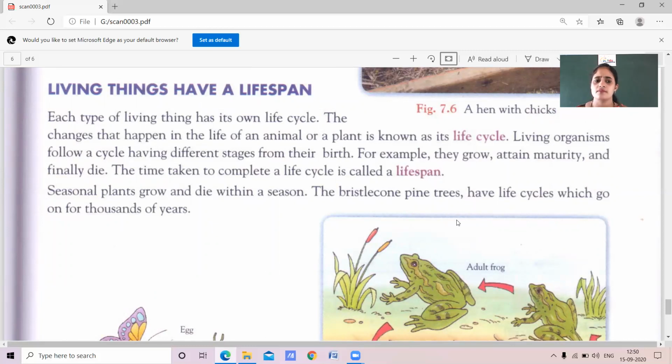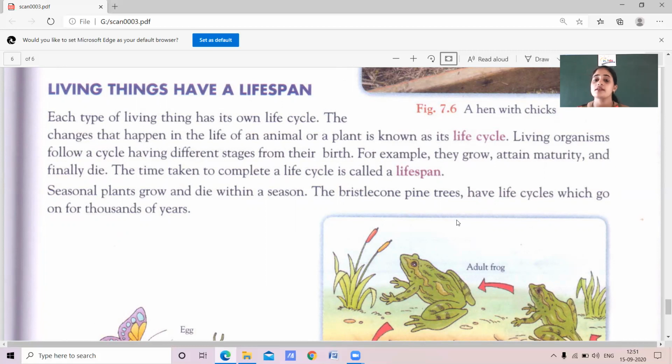See here, children. Each type of living thing has its own life cycle. The change that happens in the life of animals as well as plants, we call it a life cycle. Some changes will take place. Living organisms follow a cycle having different stages from their birth to death. Example, first they grow.